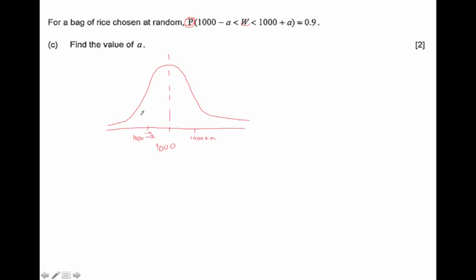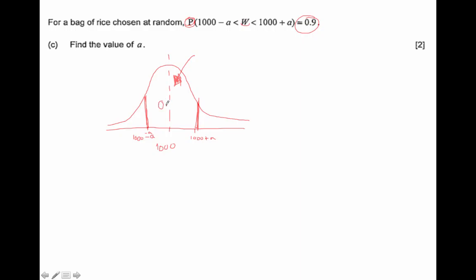So we want to find this value of A, and we want 90% of the rice to be between these two cutoff points. So here we want this to be 90%.